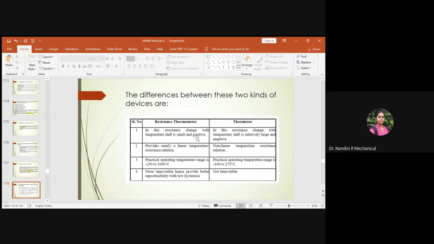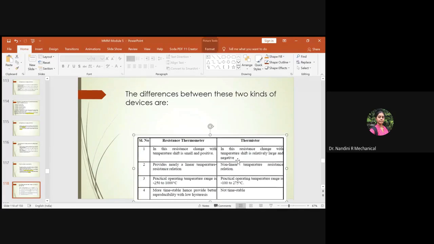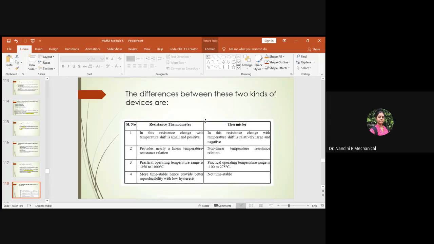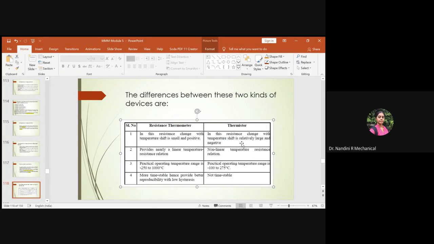Whereas in the case of a thermistor, the resistance change with temperature shift will be relatively large, because it is not a conducting material, it is a semiconducting material. Obviously, the resistivity will be high here, so due to this variation you will have a relatively large change and it will be a negative value.